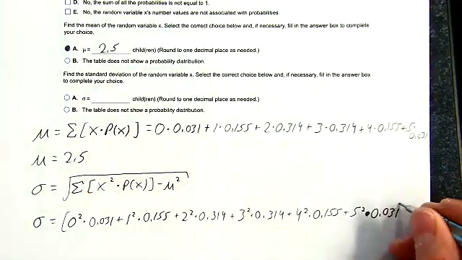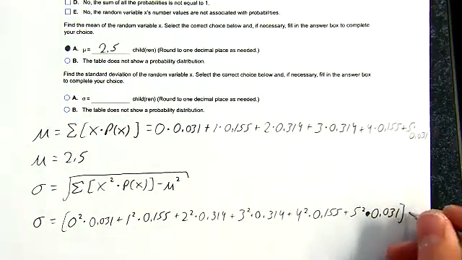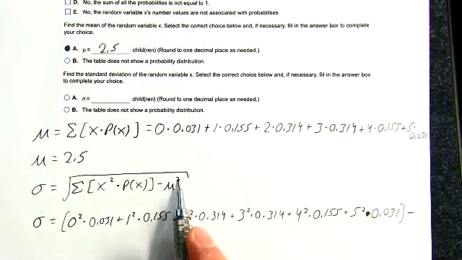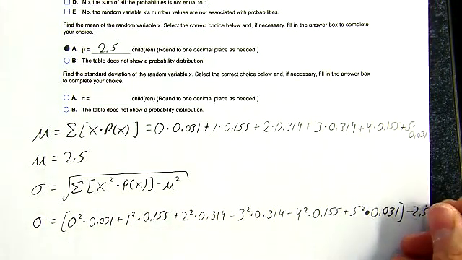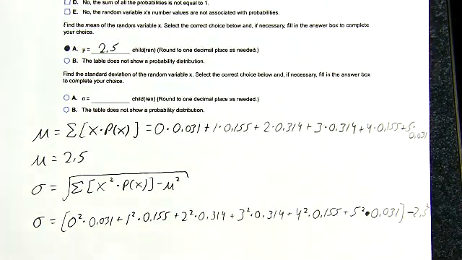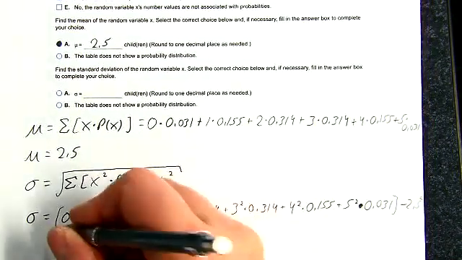You're going to take all of that, and then you're going to subtract from it mu squared. Mu is 2.5, so minus 2.5 quantity squared. And then you're going to square root all that.